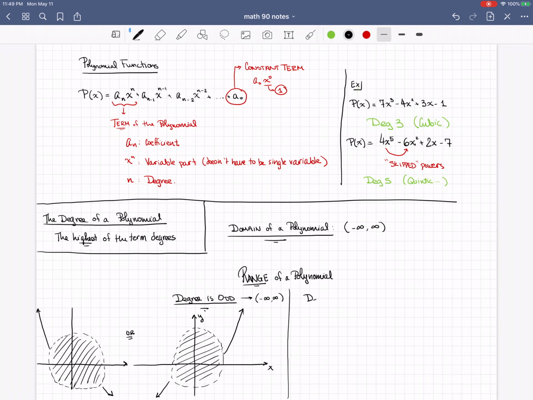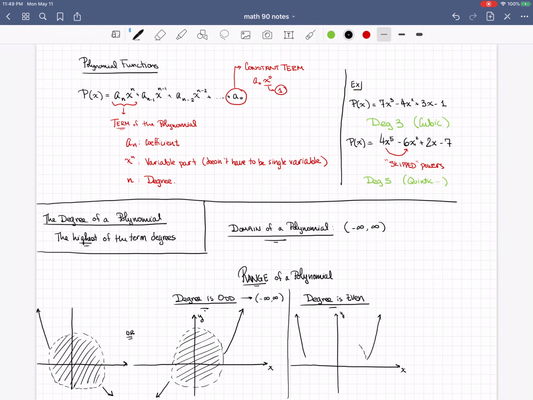If the degree is even, well, my friends, I'm not going to be able to tell you a whole lot except for this. If the degree is even, the eventual behavior is the same on both sides. So either it goes up to positive infinity on both sides, like this.